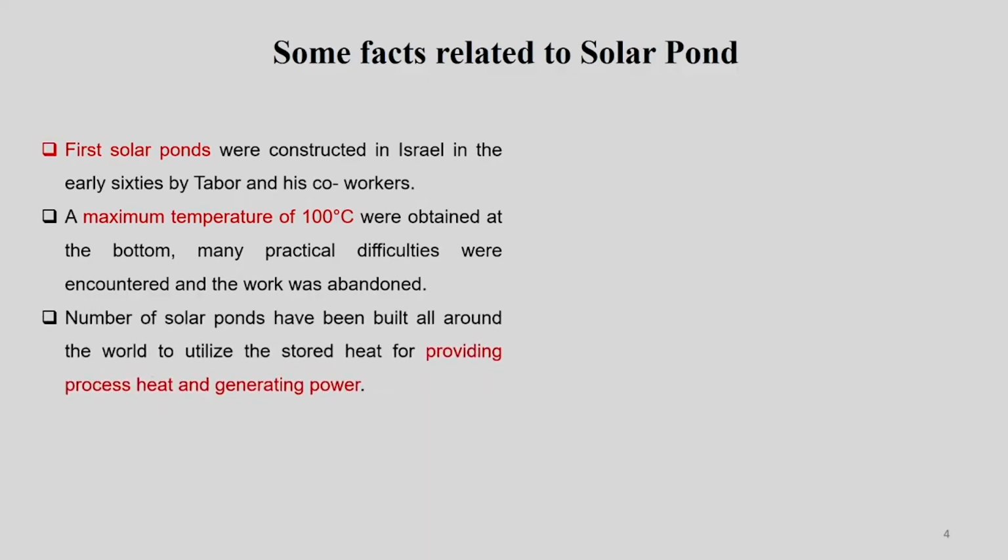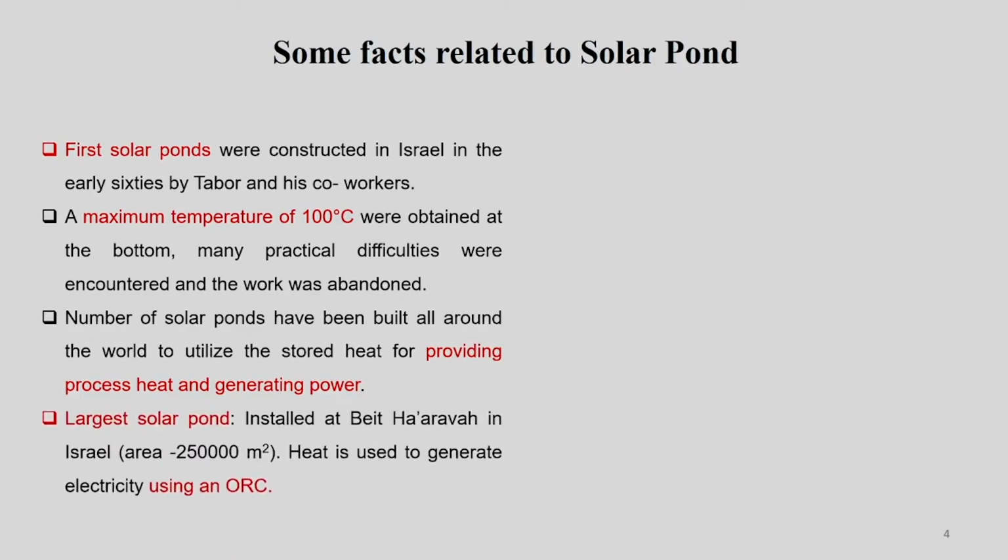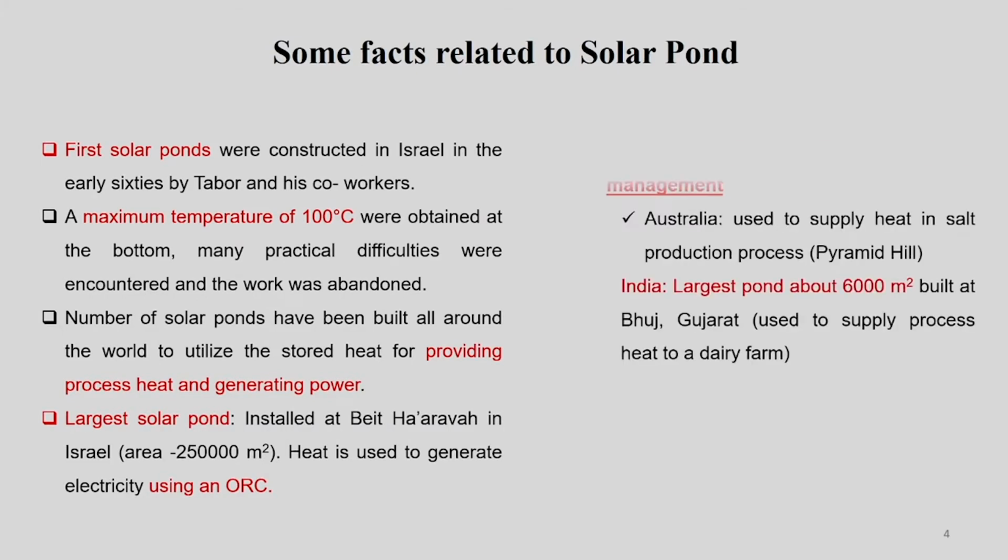A number of solar ponds have been built around the world to utilize the stored heat for providing process heat and generating power. The largest solar pond was installed in Israel and covers an area of about 250,000 square meters. The heat generated there is used to generate electricity using an organic Rankine cycle.